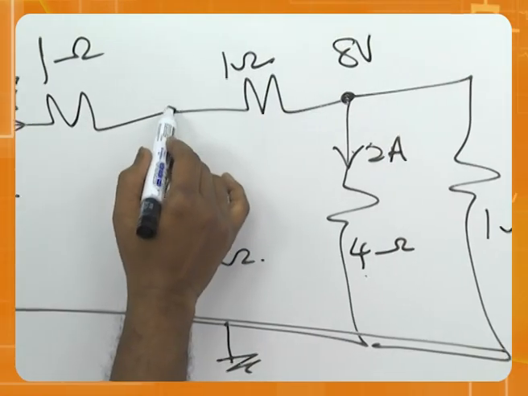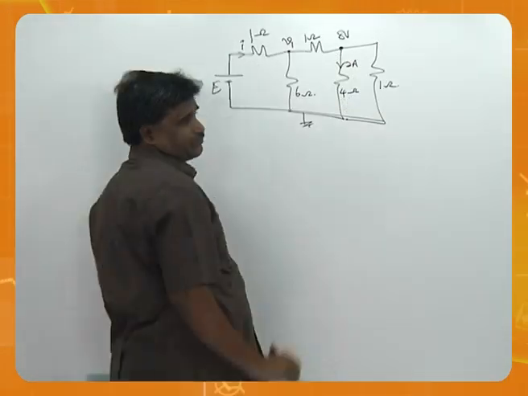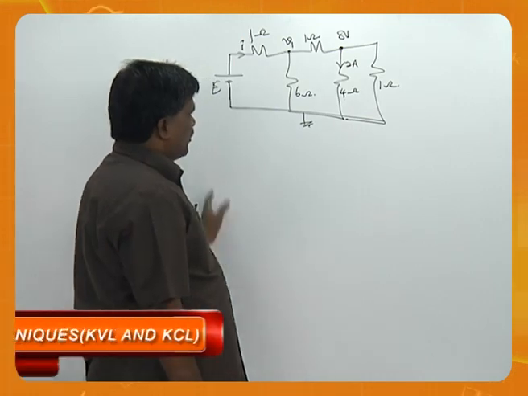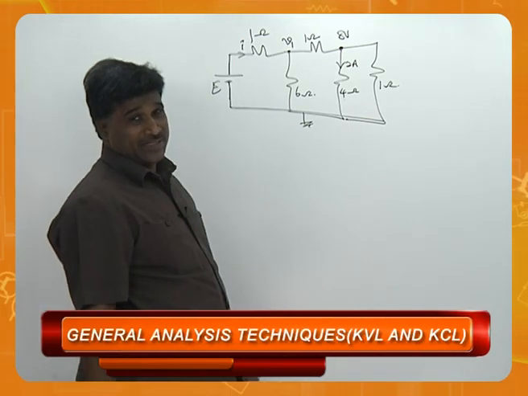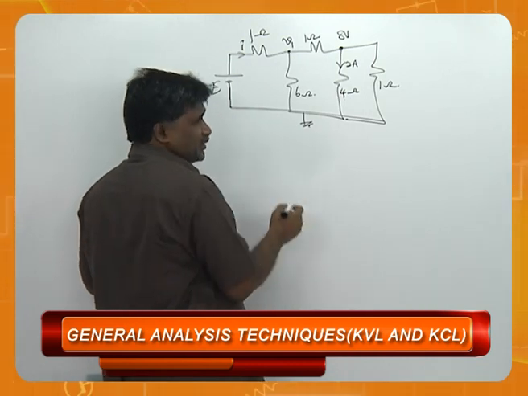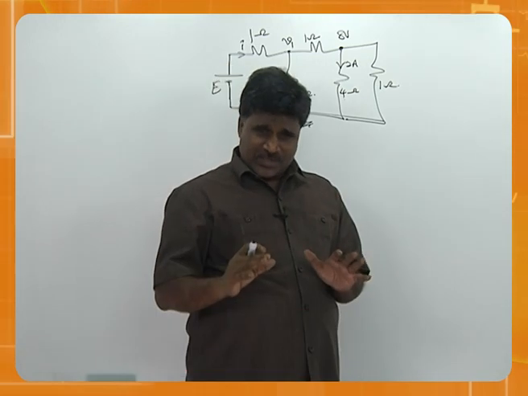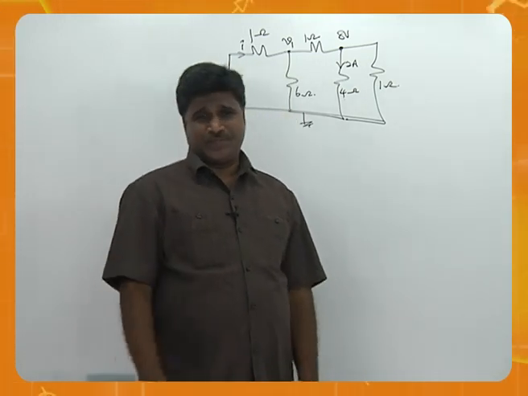Let us say this voltage is some V1. Now I am going to apply KCL, Kirchhoff's current law. Please observe how I do it. Whenever you apply KCL, normally we assume all currents leaving.